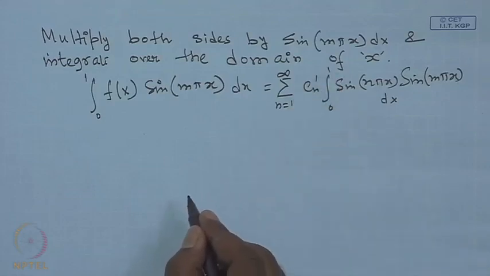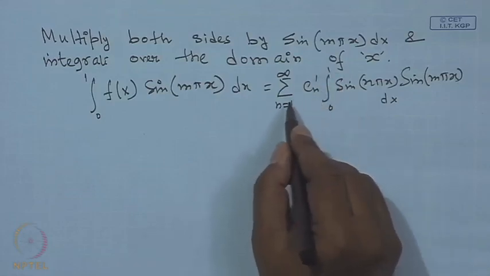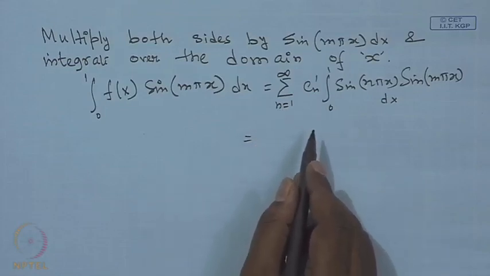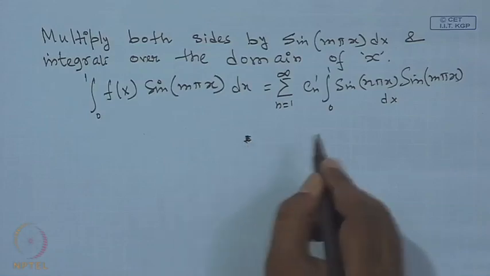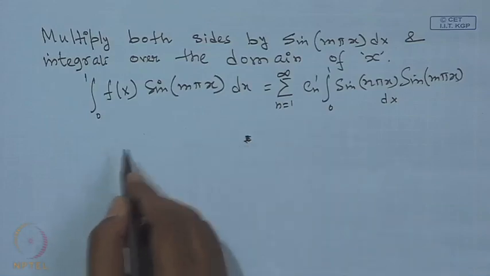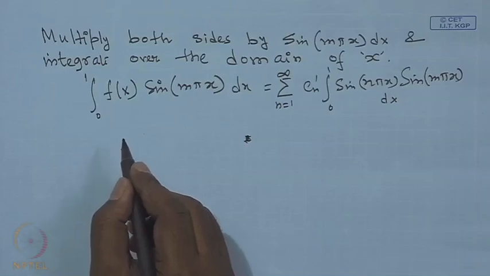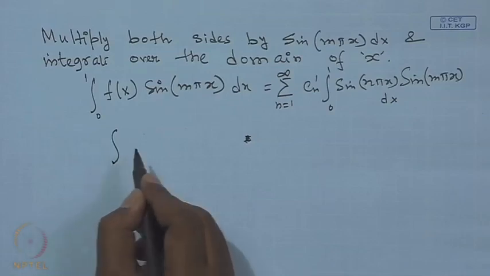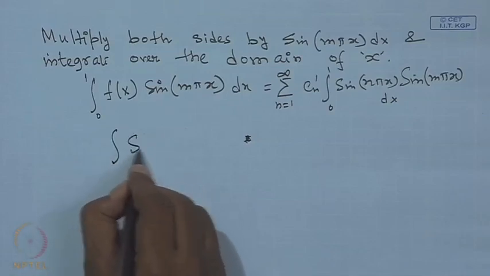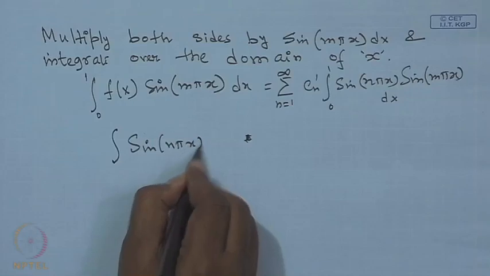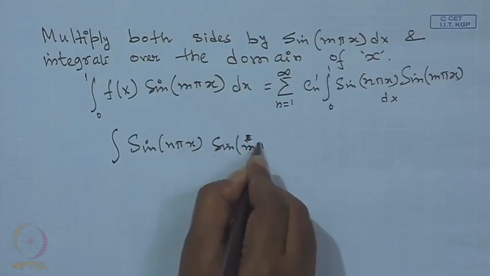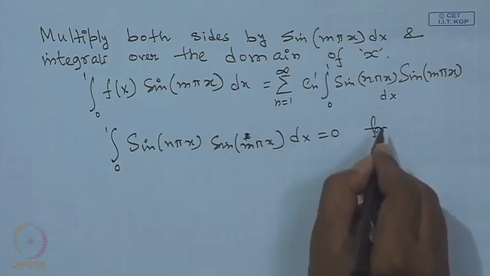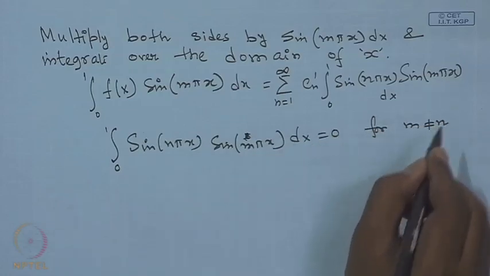Now, let us open up this summation, and we can utilize the property of orthogonal functions. We have already proved that the sine functions and cosine functions are orthogonal functions. That means, since the eigen functions are orthogonal functions, integral of sin n pi x sin m pi x dx from 0 to 1 is equal to 0 for m not equal to n.